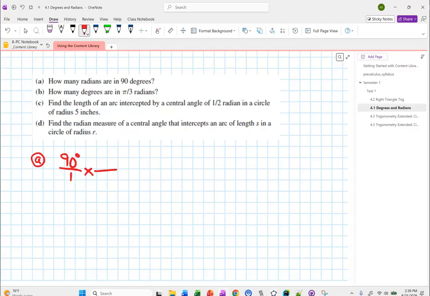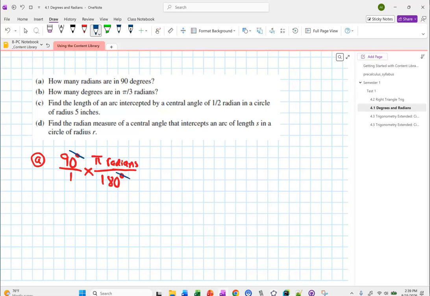In the denominator, right? They have to be on a diagonal from one another. So I'm going to put 180 degrees down here. And I know my conversion factor relates 180 degrees to pi radians, so that's going to go on the top. Everybody feel okay?